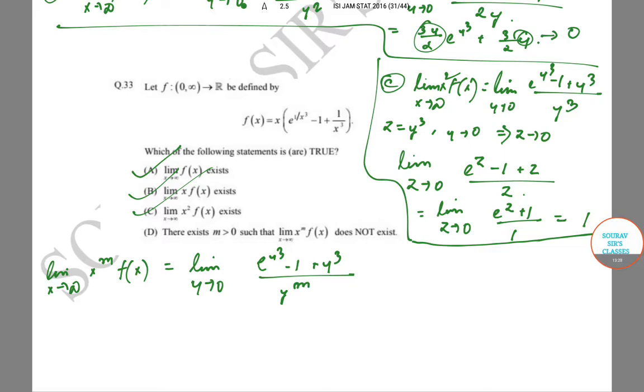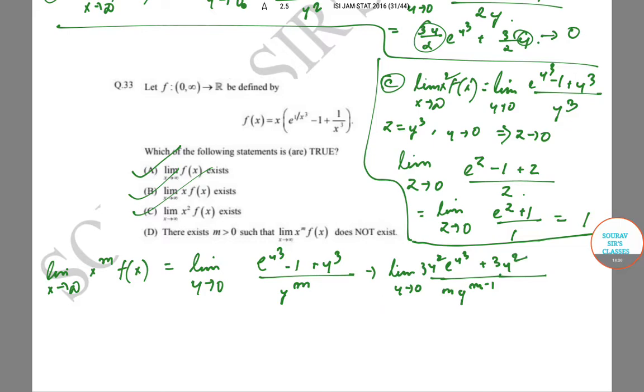So in the beginning, since the numerator goes to 0 and the denominator goes to 0, we can apply L'Hopital's rule once to get limit y goes to 0 of 3y squared e to the power y cube plus 3y squared, over m y to the power m minus 1.